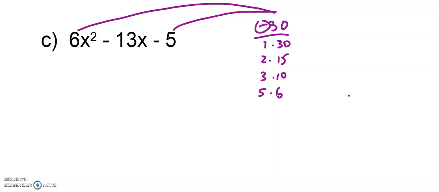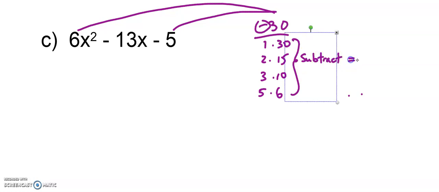This time, since one number is positive and one is negative, the two numbers I'm looking for out of this list will subtract to equal negative 13, which is my middle number. Since the answer when I subtract is negative, the bigger number has to be the negative number. 1 minus 30 is negative 29.